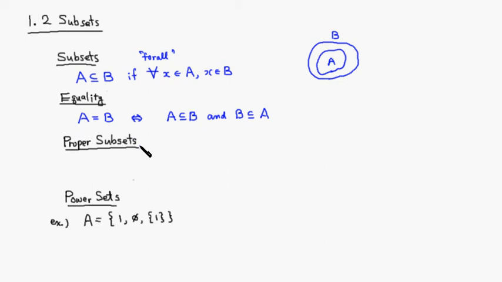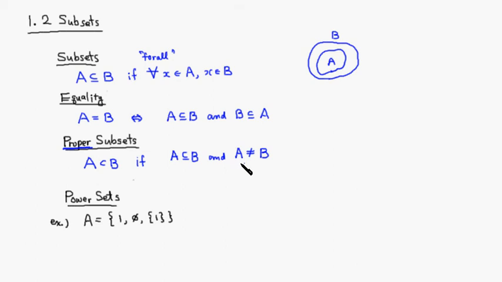All right, and there is something called the proper subset. So not just subset, the proper subset. Proper subset means that A is a subset of B, so A of course has to be a subset of B, and also A is not the same set as B, right?